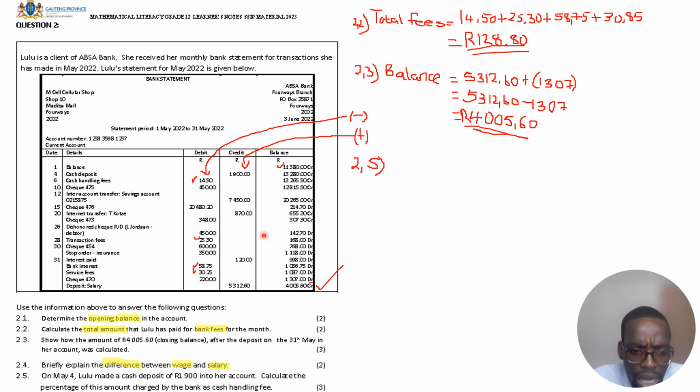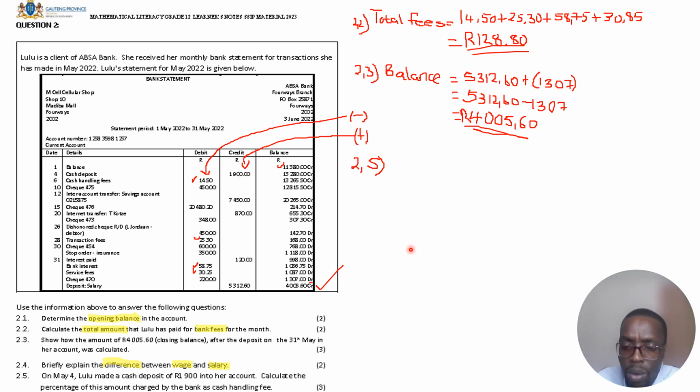So it says Lulu made a cash deposit of 1,900 into her account. Calculate the percentage of this amount charged by the bank as a cash handling fee. So we are saying you deposit 1,900, but then there's a cash handling fee of 14 rands 50 that was charged by the bank, and the question wants us to calculate what percentage this 14 rand 50 is of the 1,900.